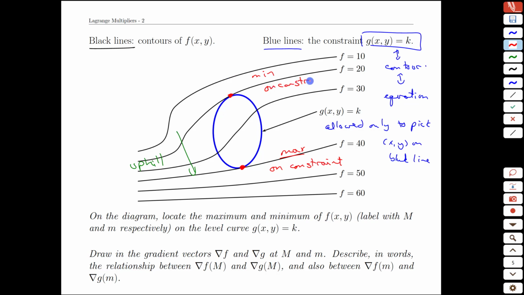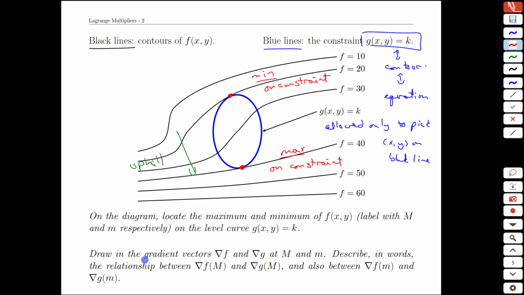But on the constraint, this would be the lowest possible height of the function we can reach. So we have a minimum, we have a maximum, but there's no critical point type stuff happening here. There's no derivatives equals 0 at those 2 points. So we're looking for something a little different in terms of the characteristics of those locations.